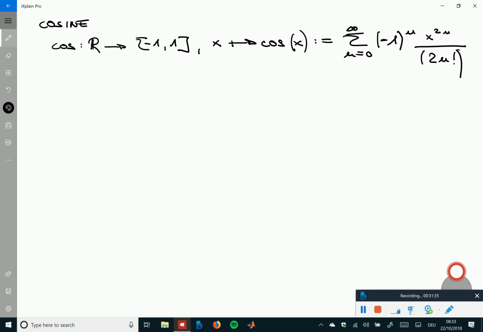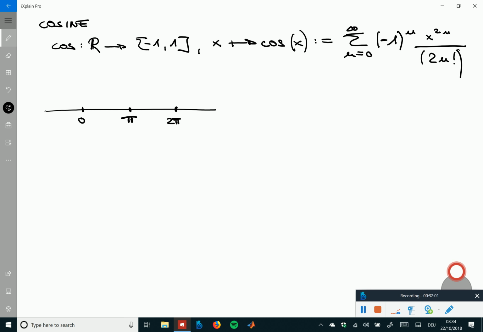What we actually should keep in mind is how the cosine looks. So if you have 0 here, a typical thing to plot the cosine over is to actually structure the real numbers in terms of multiples of pi.